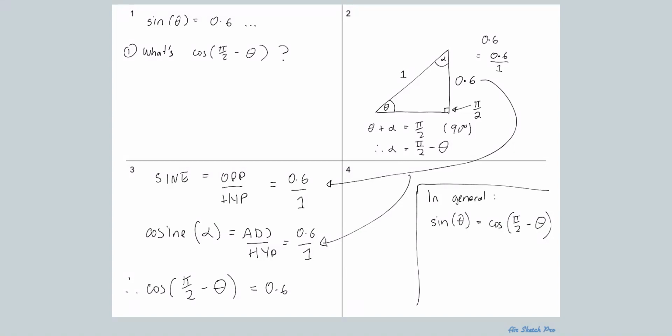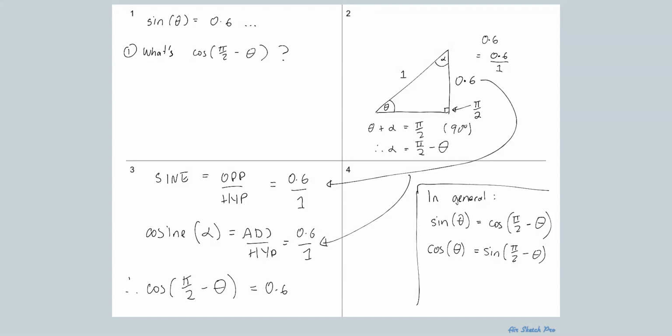Can you see how that's a vice versa relationship as well? I hope this follows. Cosine of theta would be equal to sine of pi on 2 minus theta, because cosine's adjacent is sine's opposite. So it works both ways.